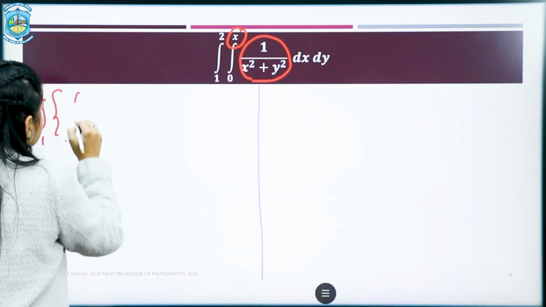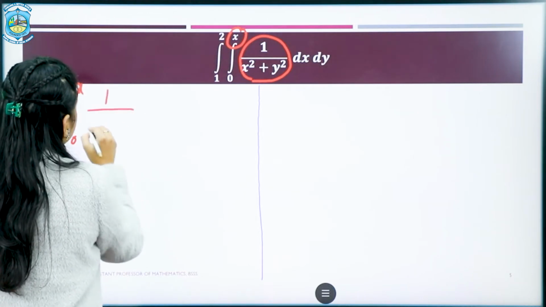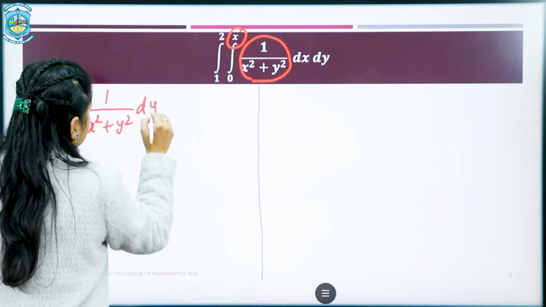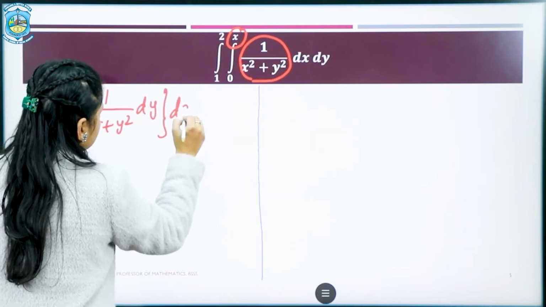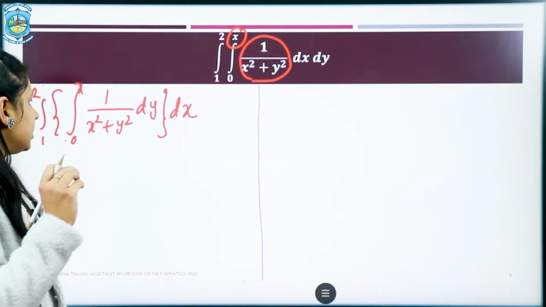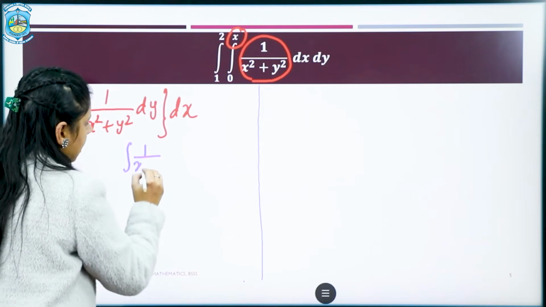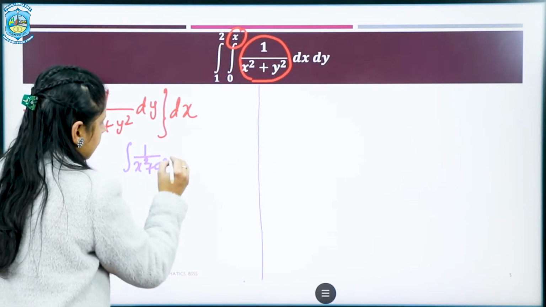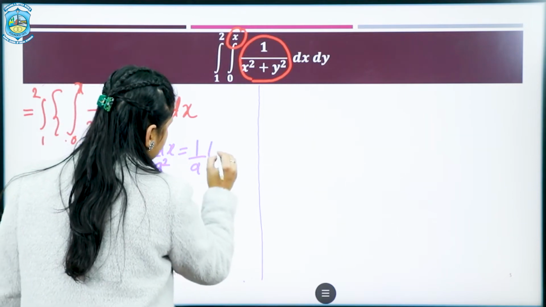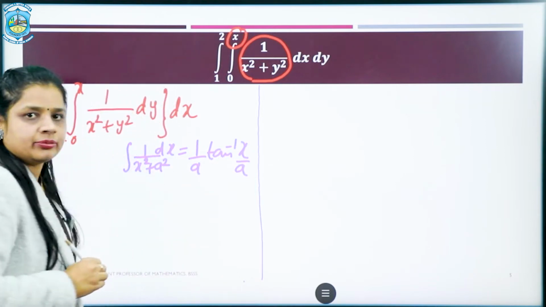So we get integral 0 to x, 1 by x square plus y square, first with respect to y and then with respect to x. To integrate it, we will apply the formula: integral of 1 by x square plus a square with respect to x is 1 by a tan inverse x by a.